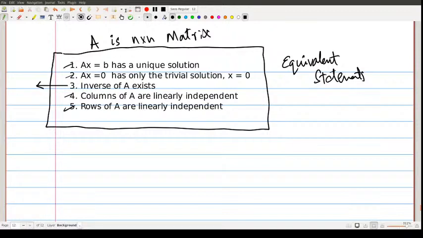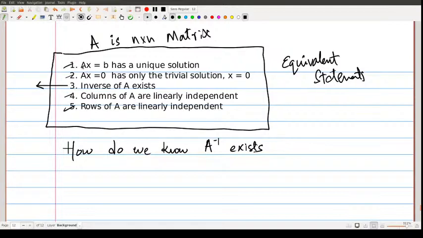Okay, so let's just state a few facts. Let's talk about how we know whether the inverse of A exists or not. If Ax equals 0 has only the trivial solution, then I know that the inverse of A exists. Any of these can be used to know whether A inverse exists.